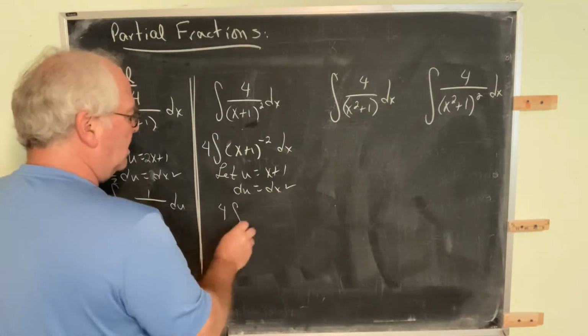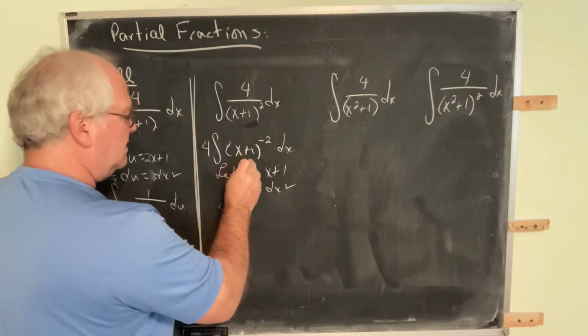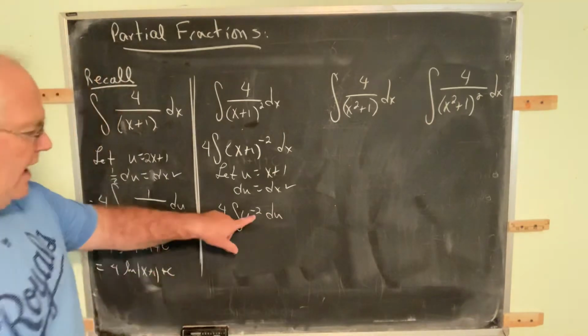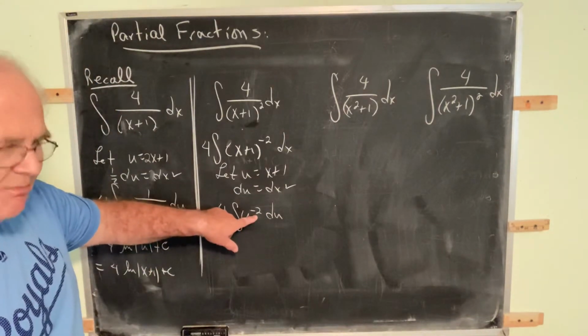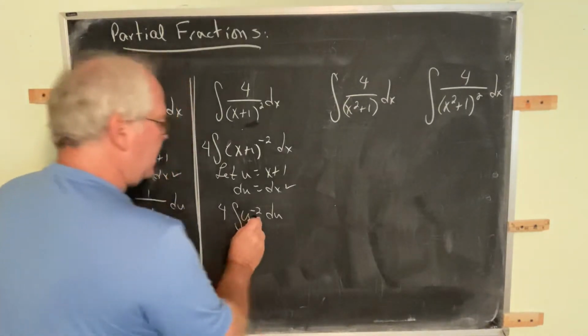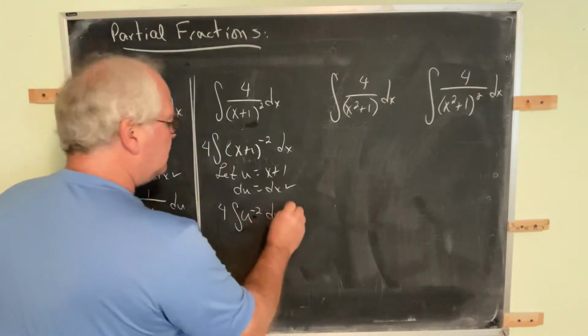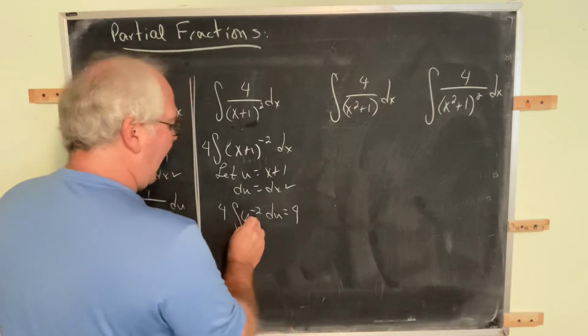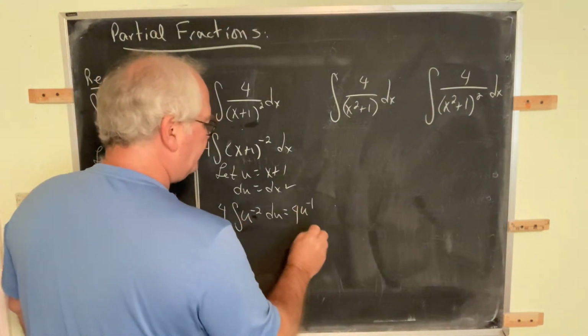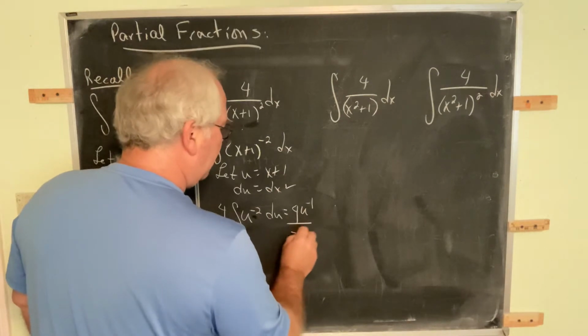This is 4 times the antiderivative of u to the negative 2. And with the negative exponent, this is just the power rule. The power rule says add 1 to the exponent, divide by the new exponent. So this is 4, add 1 to the exponent, so u to the negative 1, divided by negative 1.